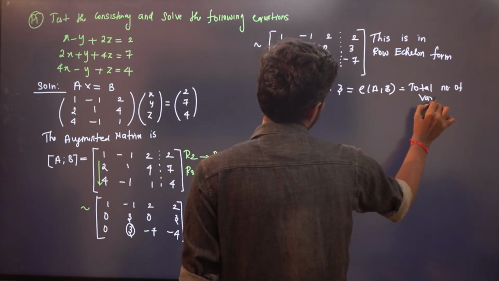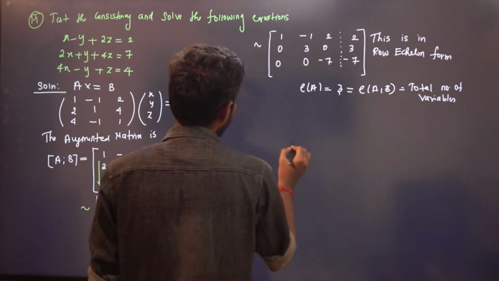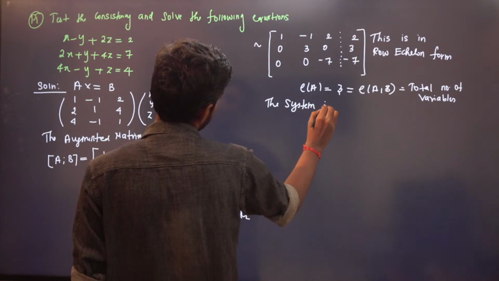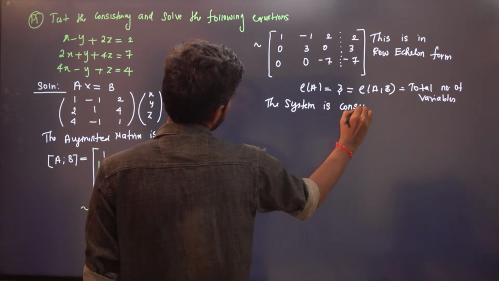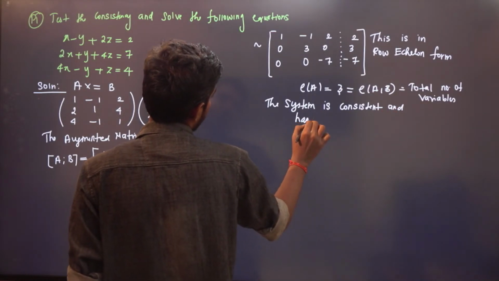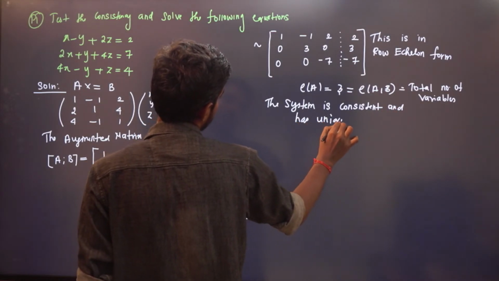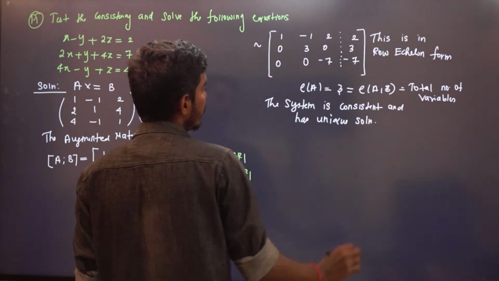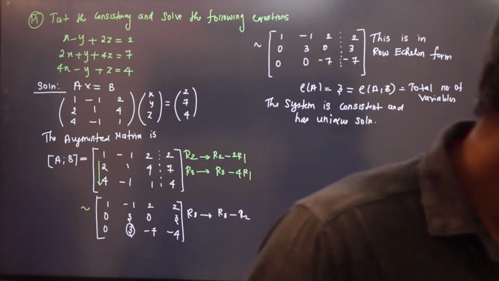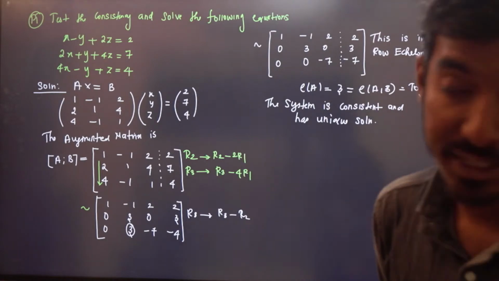That means what? The system is consistent and has unique solution. There is only one x, y, z that you can find that satisfies these three equations simultaneously.